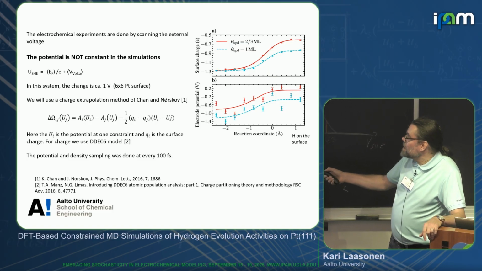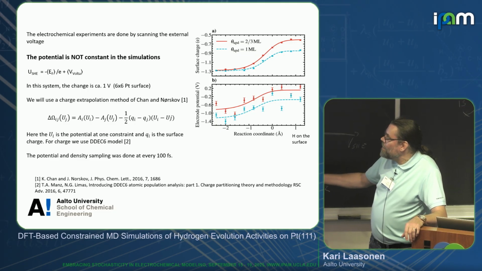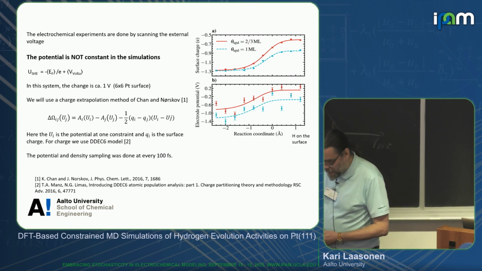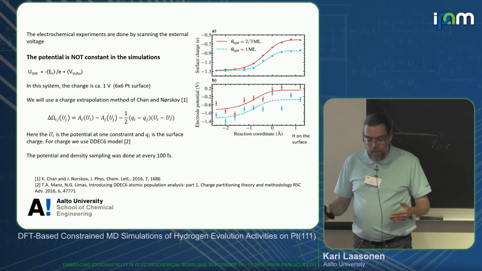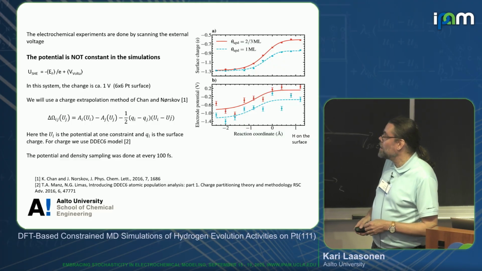Even though the data is not super nice, I'm still very confident that on average we got it quite right. So during these constrained simulations we can measure the rough change of the electrode potential.